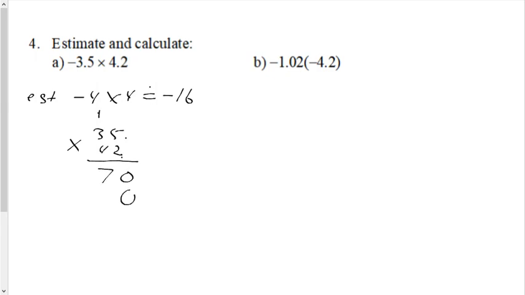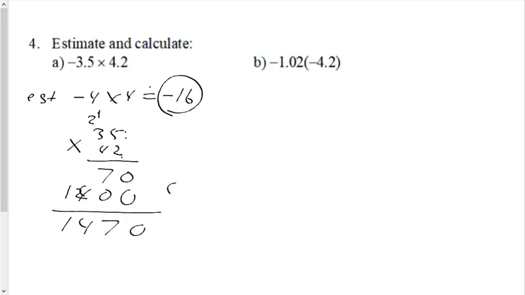Second number, second space, add a 0. 4 times 5 is 20, carry the 2. And 4 times 3 is 12, plus 2 is 14. 0, 7, 4, 1. Therefore, since this was my estimation, my calculation will be -14.7, or -14.70 if you want to add the 0.